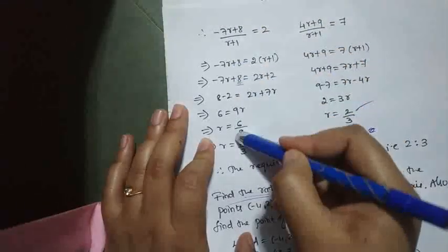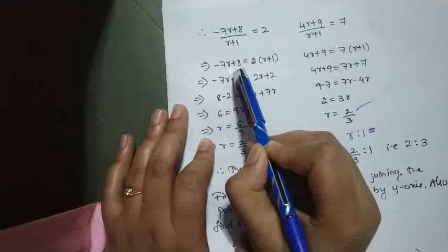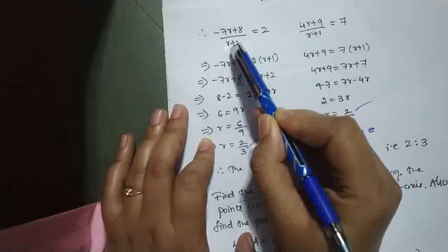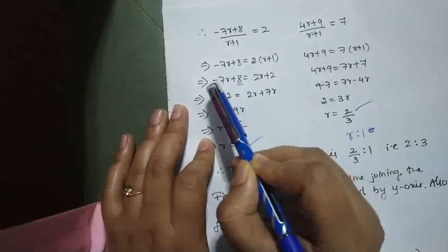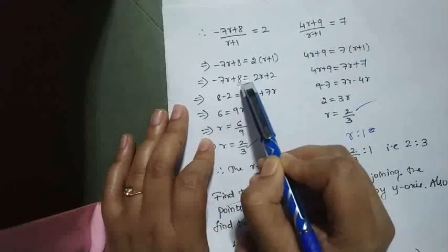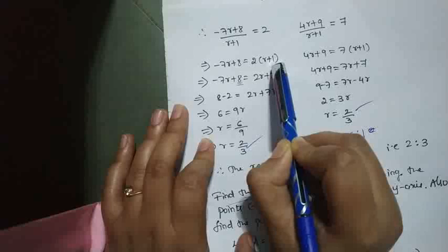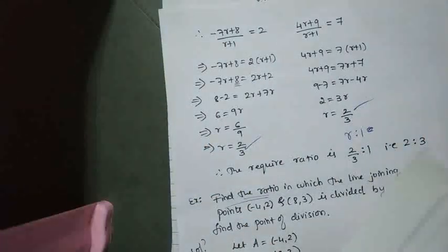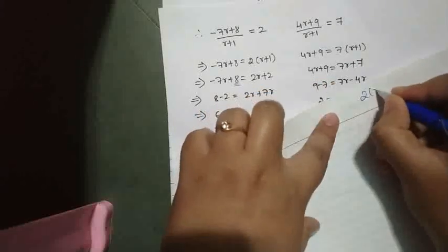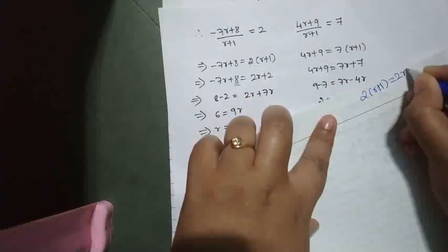We'll simplify this one. -7r plus 8 is equal to, the denominator term will go to this side, that is 2 into (r plus 1). What is the multiplication of these two terms? That is 2r plus 2.